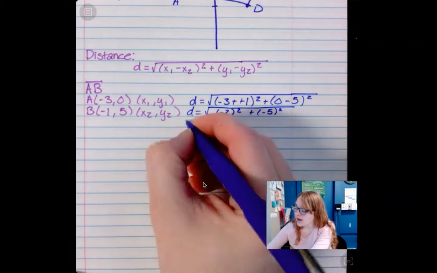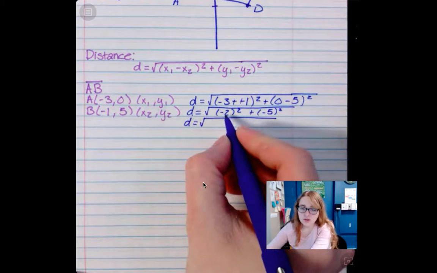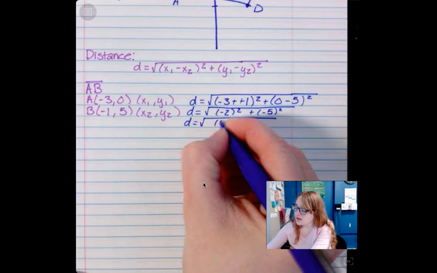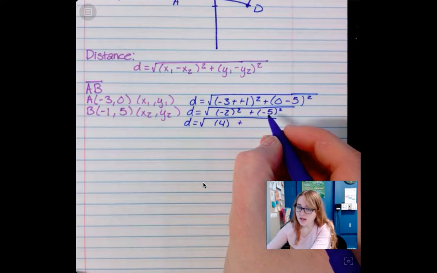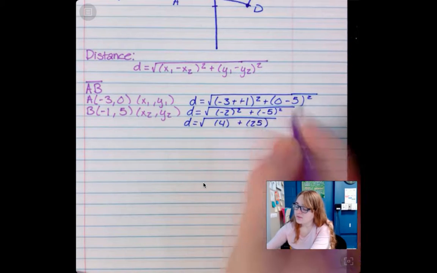Okay, then we will go ahead and square these. So -2 times -2, or -2 squared, will give us +4, plus -5 times -5 is going to give us a positive 25.